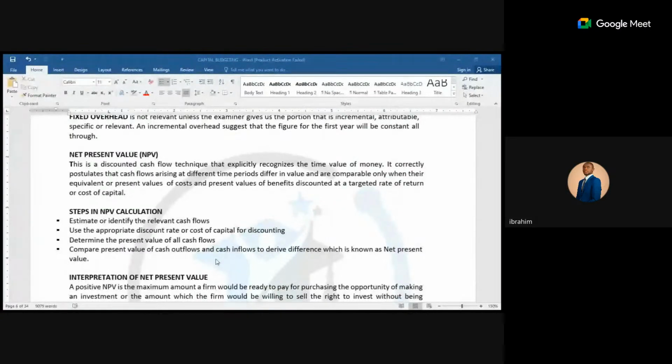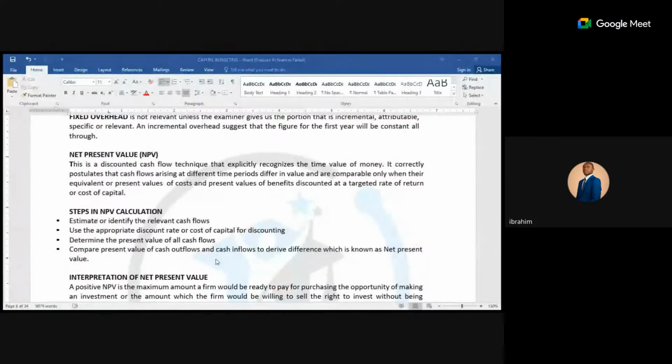What is the interpretation? The popular interpretation is that when NPV is positive, the project is viable. But what is the implication of this? You've analyzed it and said it is viable, but can you interpret it?